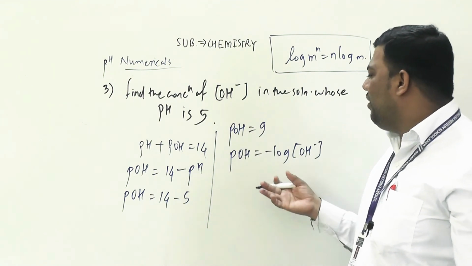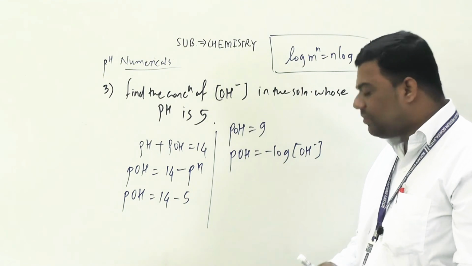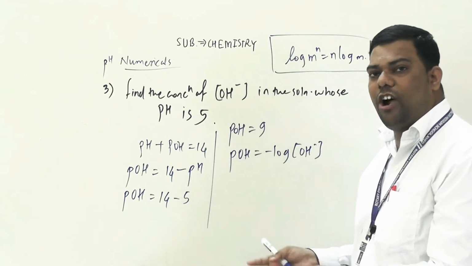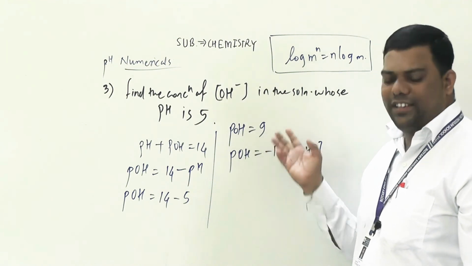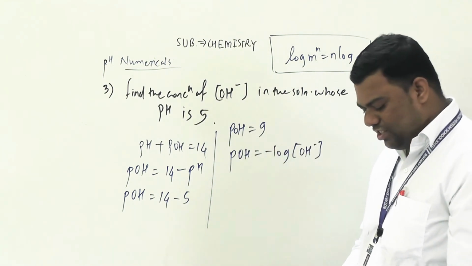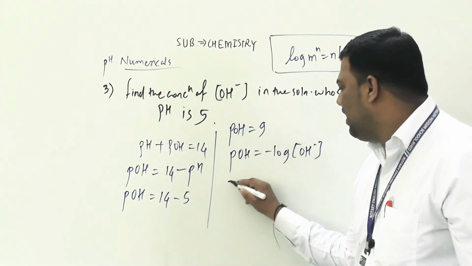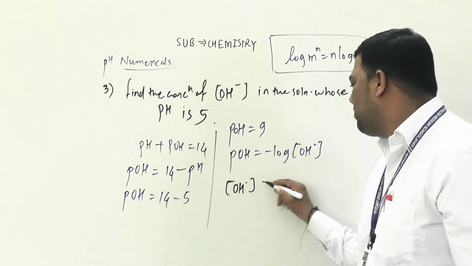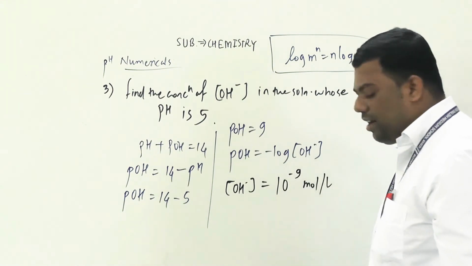Here we want only the concentration of OH minus ion. That value is 9, so the concentration of OH minus is simply 10 raised to minus 9 mole per liter.